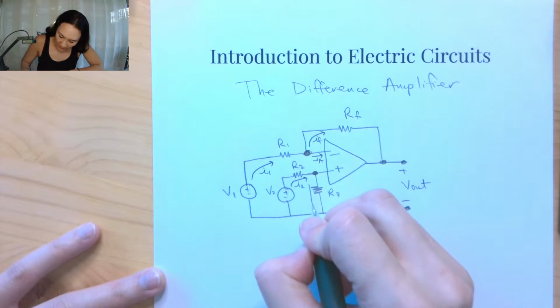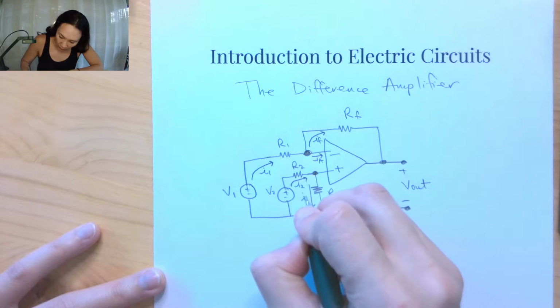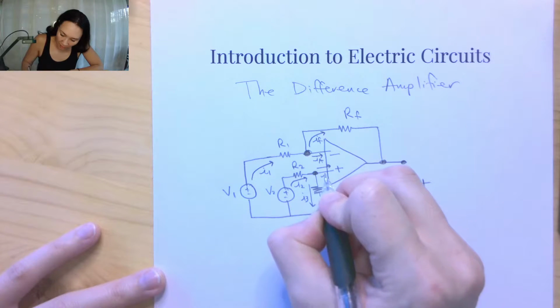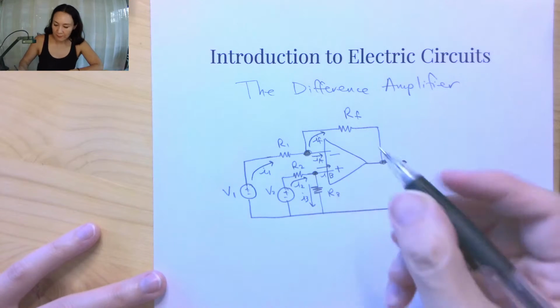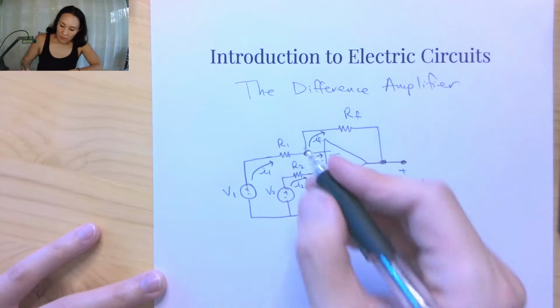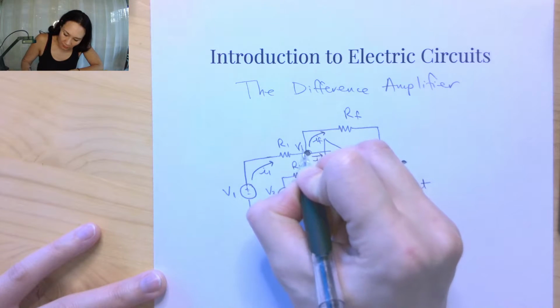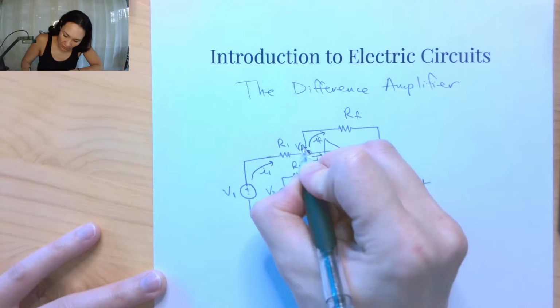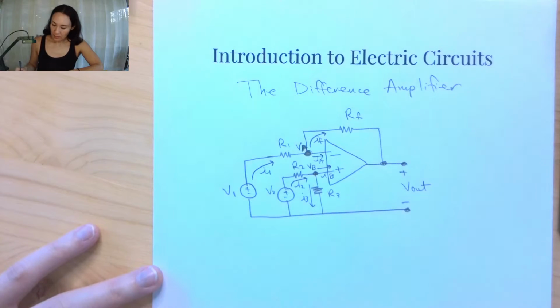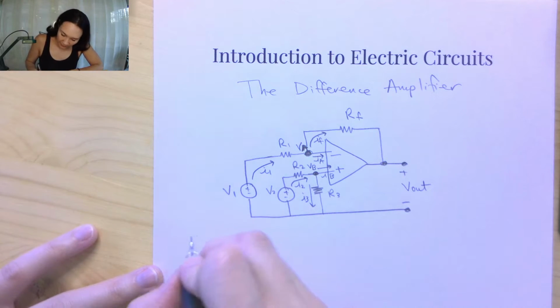Some of it's going to come down here and take the path through the R3 resistor, I'll call that I3. And some of it will come into the op-amp like this, I'll label that IB, where this is my A input and this is my B input. So then I can label this node here my VA node, and this is my VB node. Okay, great. So now I'm ready for circuit analysis.